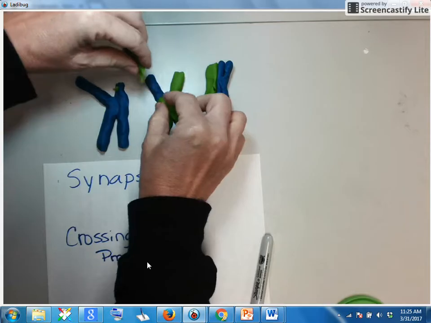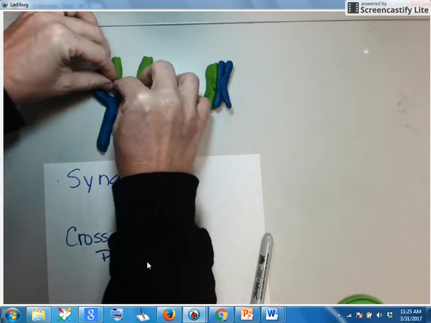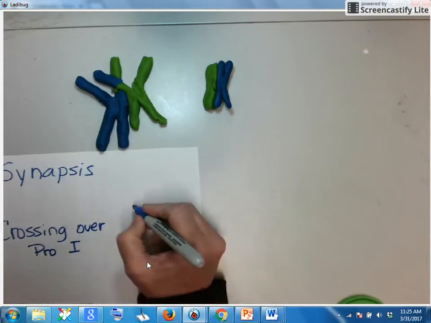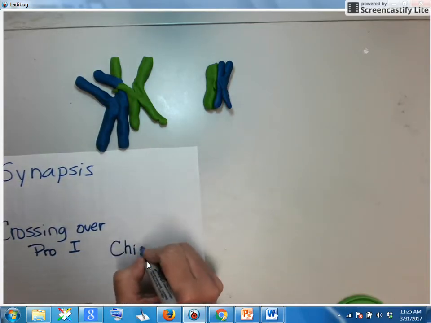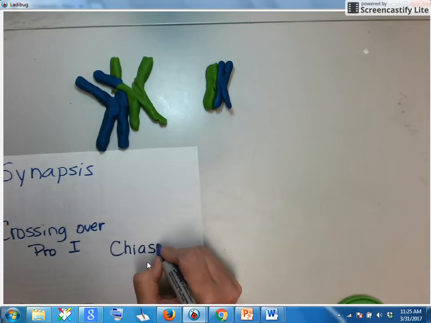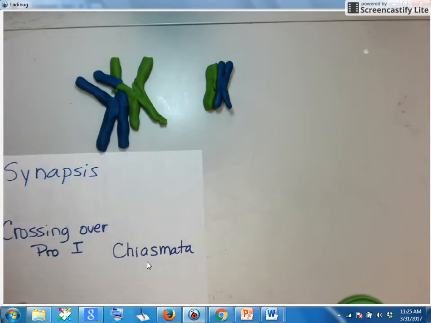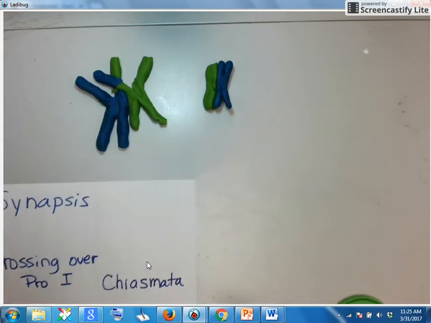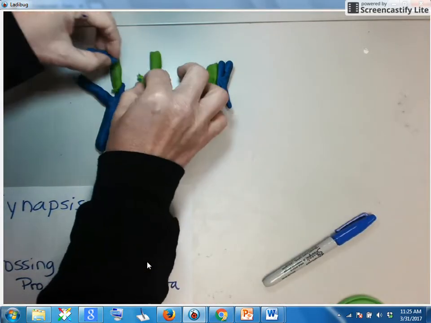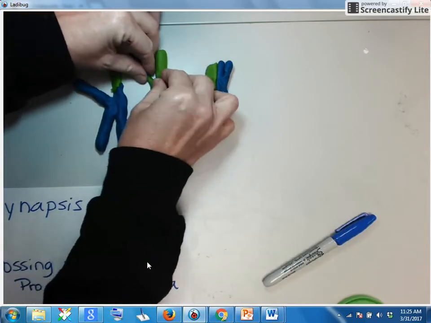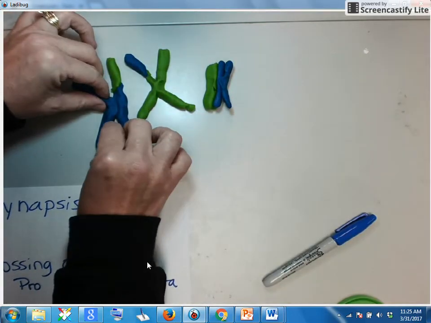Now, that specific point where they cross over is called a chiasmata. Right there. Right at that spot. Chiasmata. Okay, so at the end of prophase 1, this is what I've got.